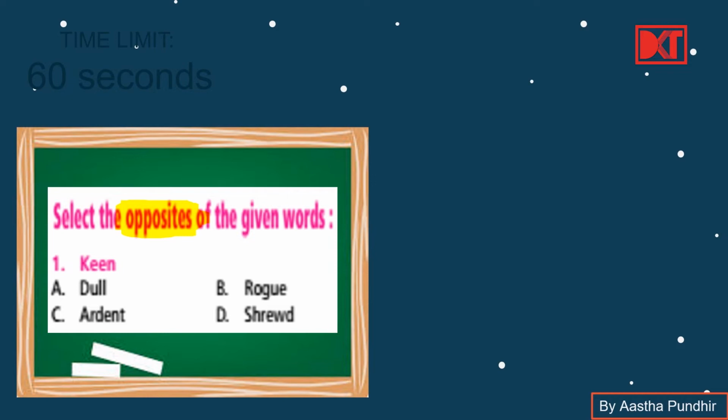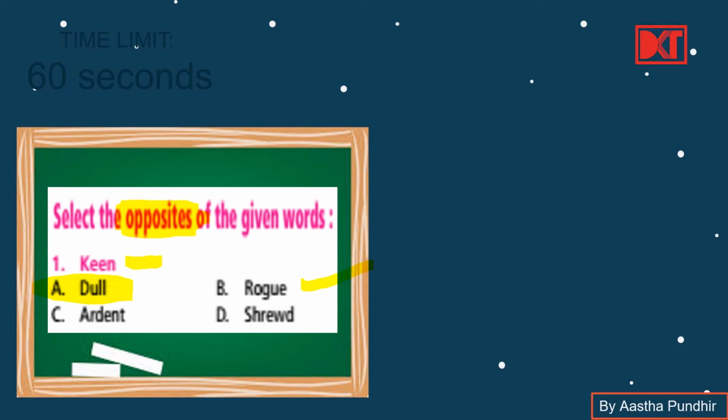Okay. Now keen means something, for a person someone who's very eager to learn something or otherwise. So the opposite could be dull. Okay. Keen is the opposite of dull. The other words here like rogue. Rogue means someone who's gone rogue, that person is not following any principles or values.